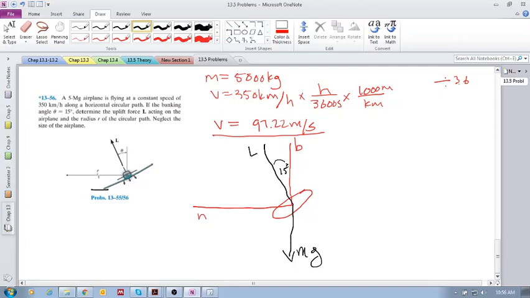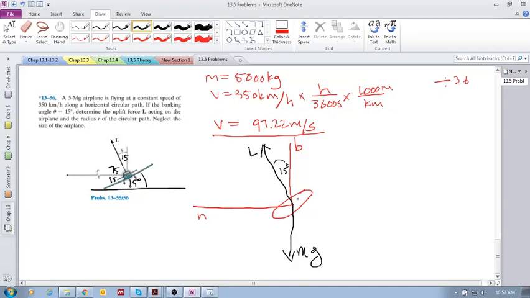So what's your banking angle? That's your banking angle of 15 degrees, right? And so this angle there is 15, this angle there is 75, and that angle there is 15. Just make sure you can work the geometry. Sorry, I need to put an arrow there.